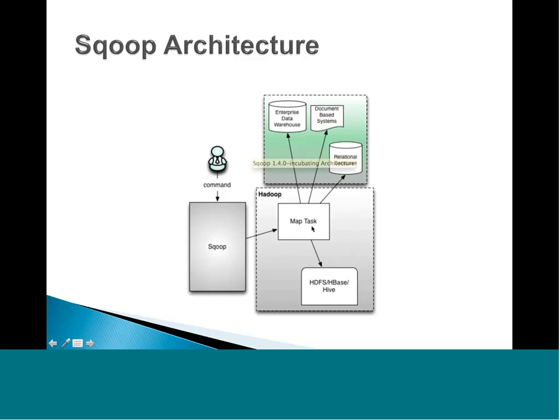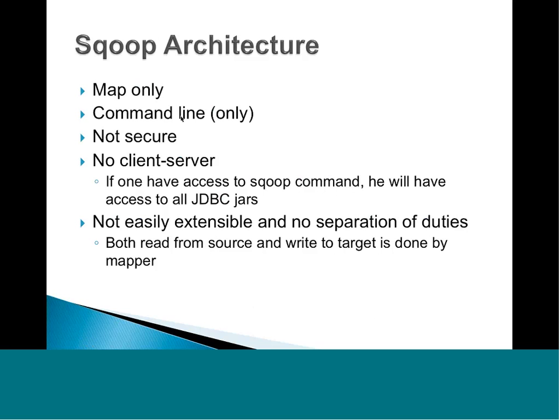Primarily it uses only map-only jobs to get the data from either the relational databases to Hadoop or from Hadoop based systems to relational databases. For both, Sqoop1 uses map-only MapReduce jobs. So there will not be reducers involved in that. It is map only.